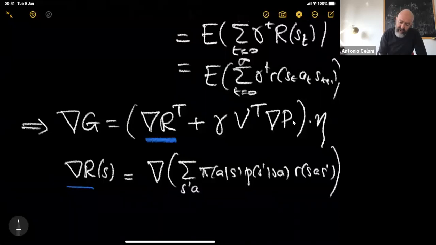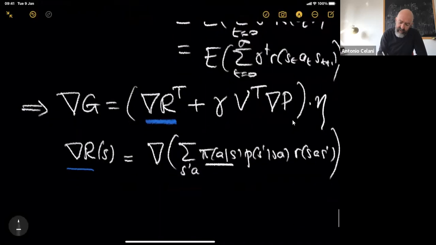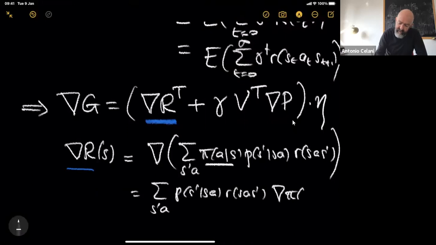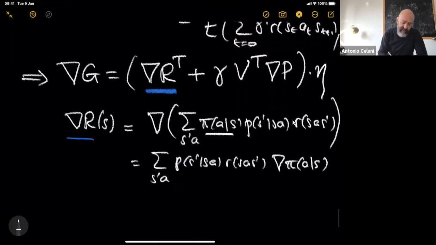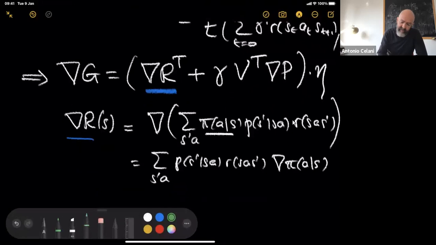And of course, the only thing I have to act upon is this. So this is just the sum over S prime, A of E(S prime|S,A) r(S,A,S prime) times grad pi(A|S). Okay, it's a linear function of the policy, so it's easy to derive. And same here.